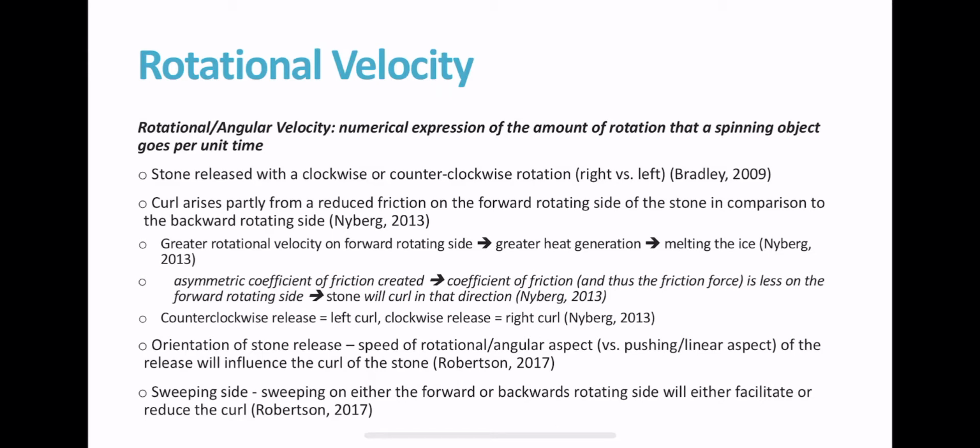Performance improvement can thus be related to the orientation of stone release and the degree and speed of this angular acceleration, as opposed to the linear aspect of the acceleration, which will influence the curl of the stone. Also, sweeping on either the forward or backward side of the stone can either facilitate or hinder direction of the curl, as sweeping helps to reduce friction.